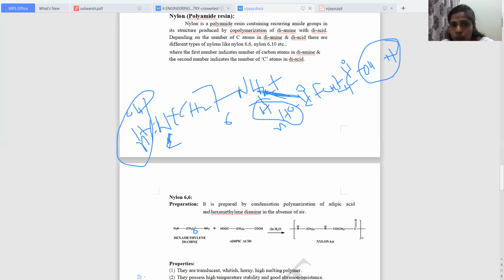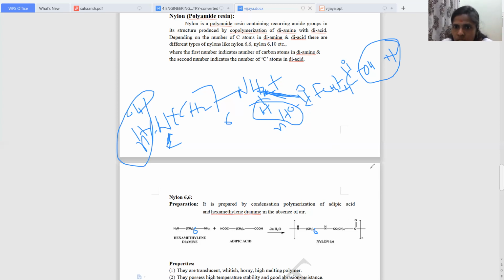So when the water molecule is eliminating, we are getting the NH. See here, NH, CH2 taken 6, not CH2 taken 4, CH2 taken 6. And NH, the single bond, they are getting the new single bond between NH and C double bond O.